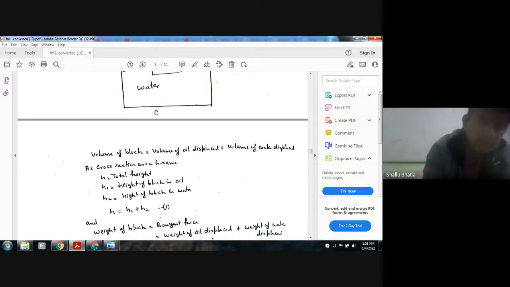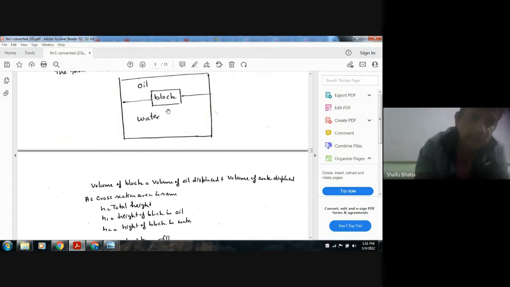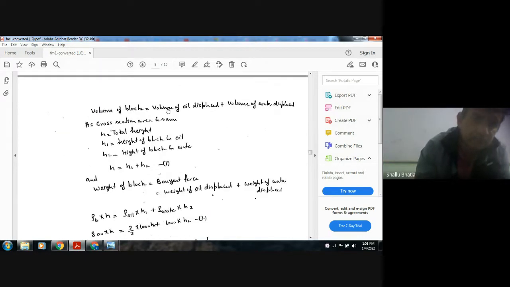Now the total volume of the block is A into H, A being the cross section area.